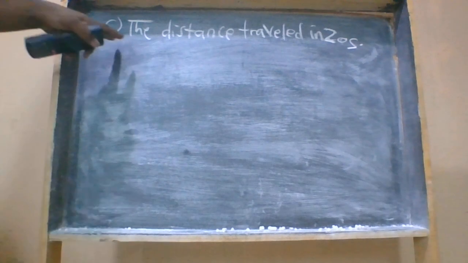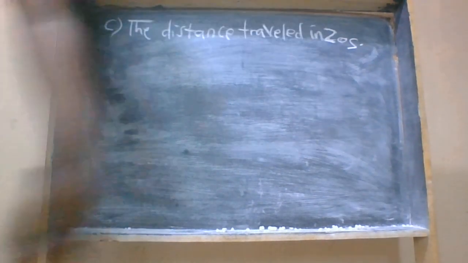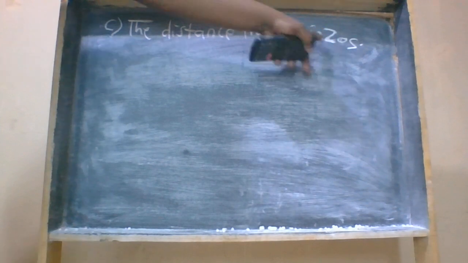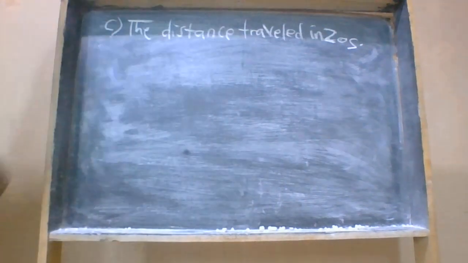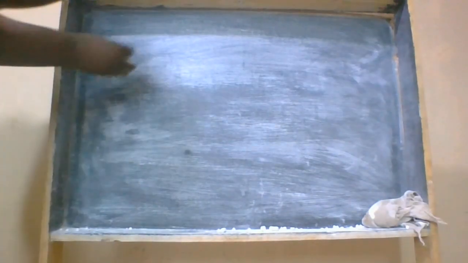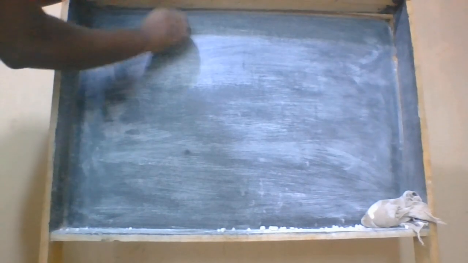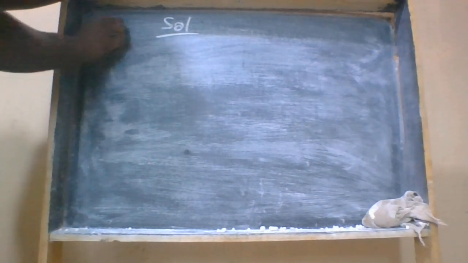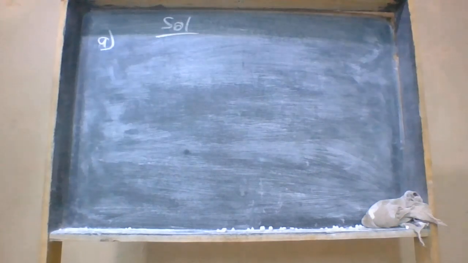Okay. So question C is saying the distance traveled in 20 seconds. So solutions, A. An electrical railway locomotive of mass 50,000 kg starts from rest, and after 20 seconds, it has accelerated to a velocity of 25 meters per second.